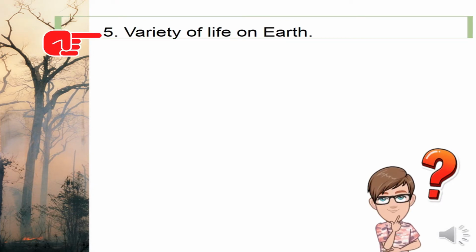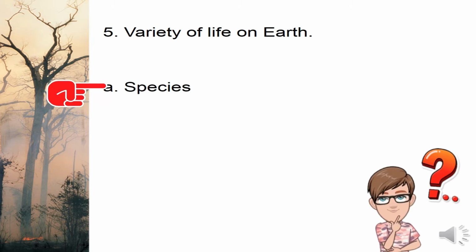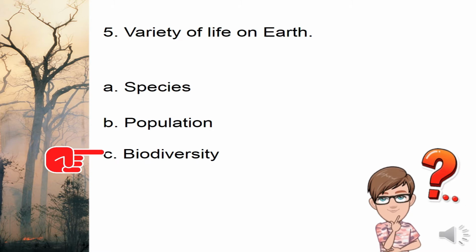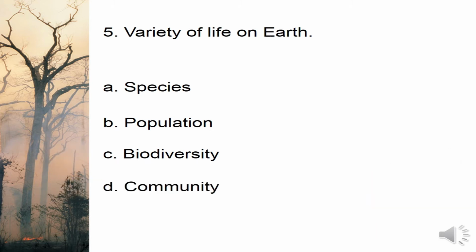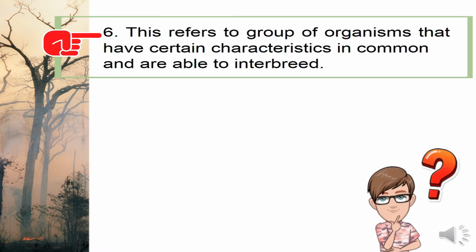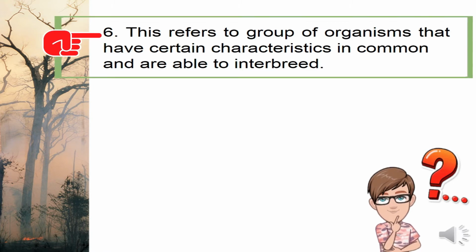5. Variety of life on Earth is called A. Species. B. Population. C. Biodiversity. D. Community. Six. This refers to group of organisms that have certain characteristics in common and are able to interbreed.